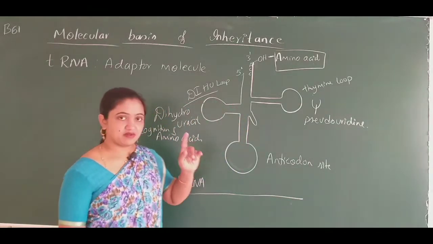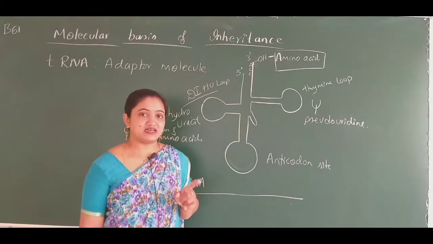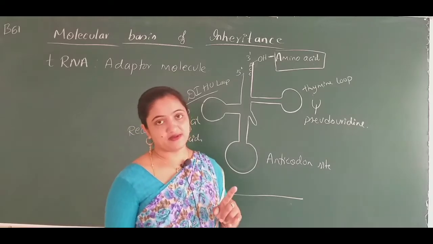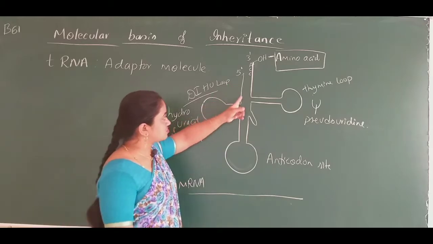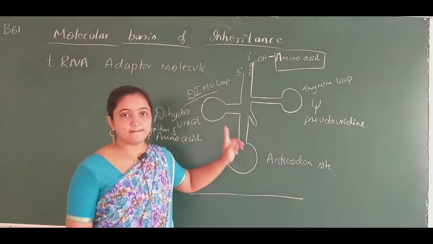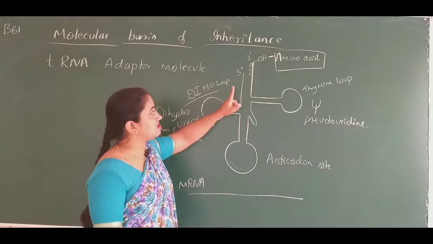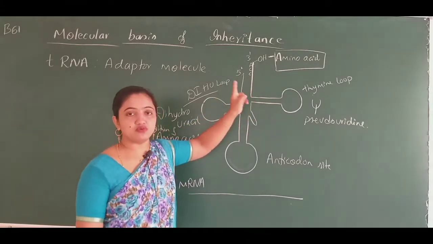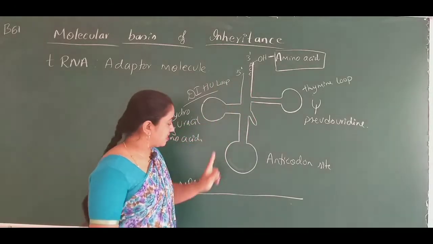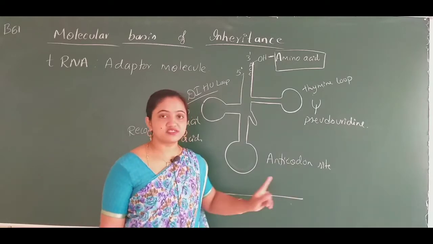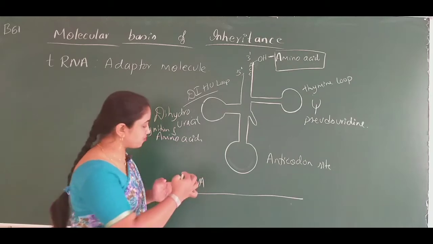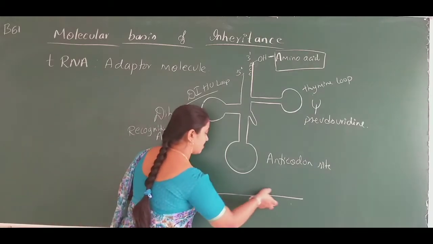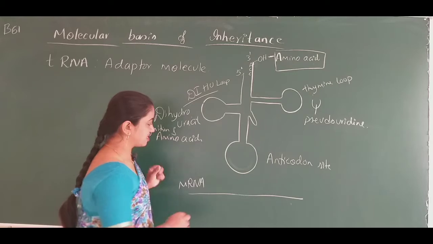Remember, RNAs are always single stranded. It looks like double stranded, but it is a single stranded molecule. This is also a single stranded RNA. So just suppose here we have an mRNA strand.